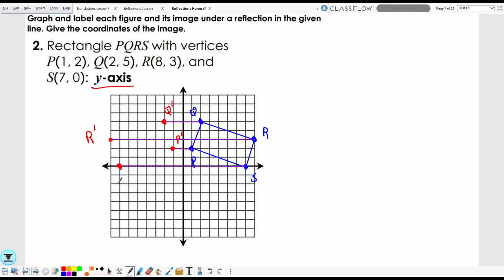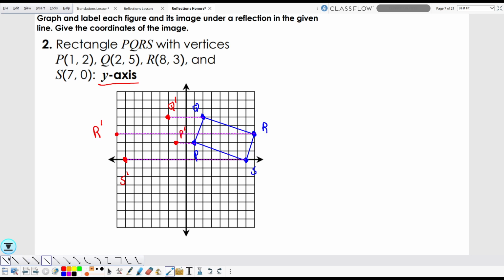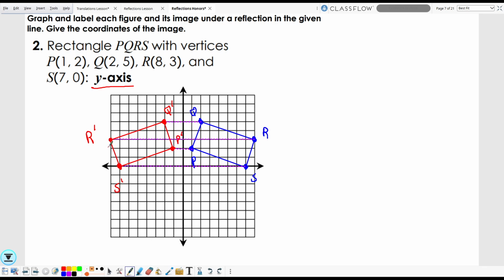S prime. Okay. Now let's connect these vertices so we can see what's going on. Here we go. There we go. We have our nice reflected rectangle over the y-axis.